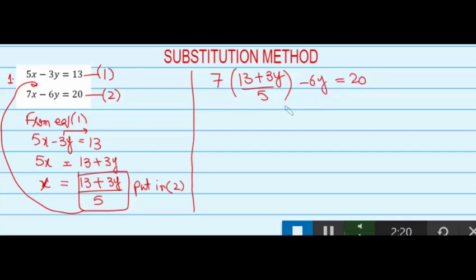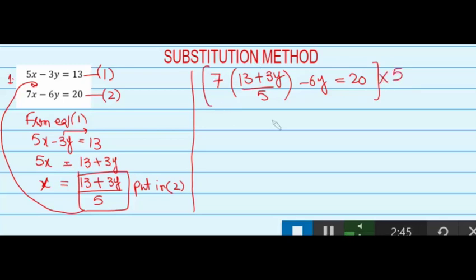Okay, now you can see that we have a fraction, and we want to get rid of this fraction to simplify it easily. So we have to multiply this whole equation by the LCM of the denominators. The denominators are 5, 1 and 1, so the LCM is 5. So I'm multiplying this whole equation by 5, right?